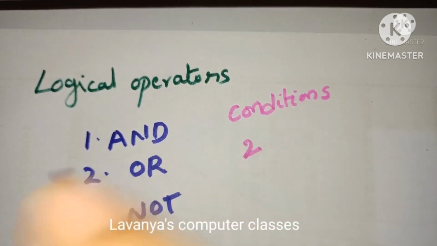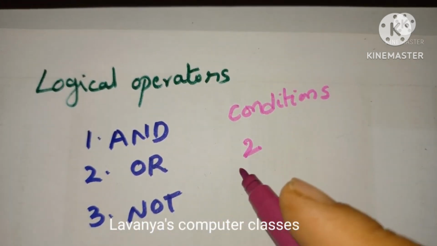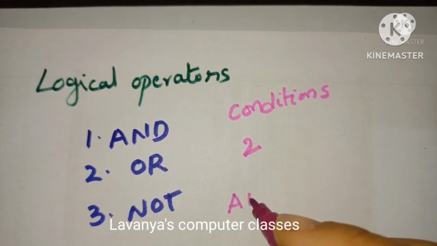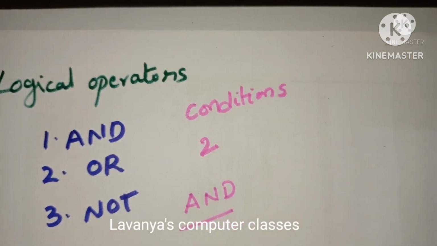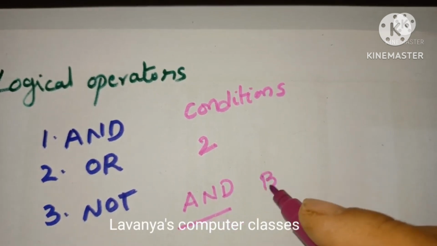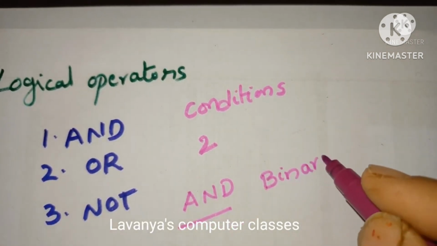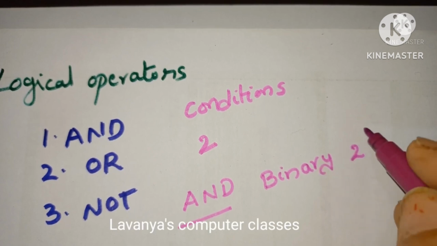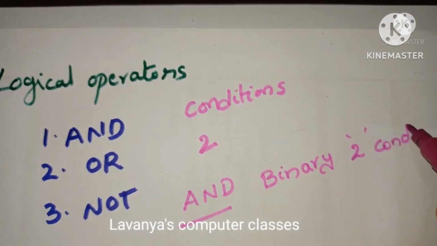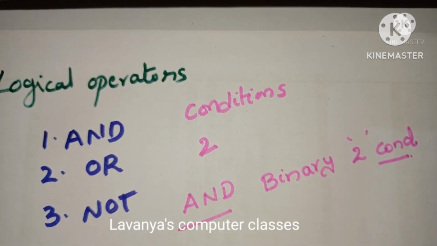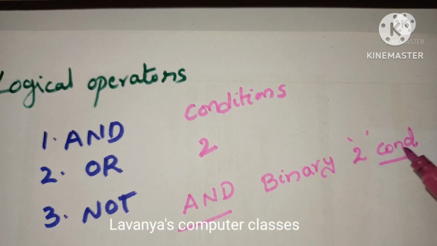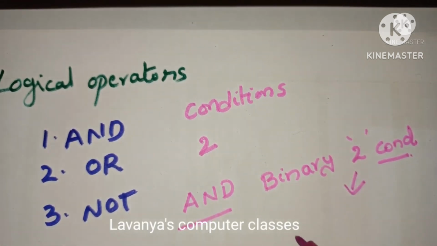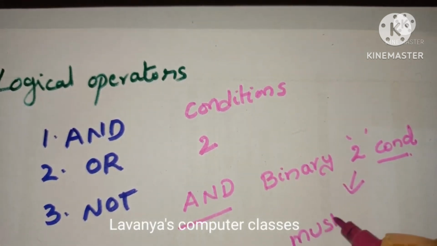Now I will explain how these logical operators are performed. First I will go for the AND operator. What is an AND operator? First, the AND operator is a binary operator. That means it is used between 2 conditions. Remember, it is used between 2 conditions. And if the AND operator is used between any 2 conditions, the 2 conditions must be true.